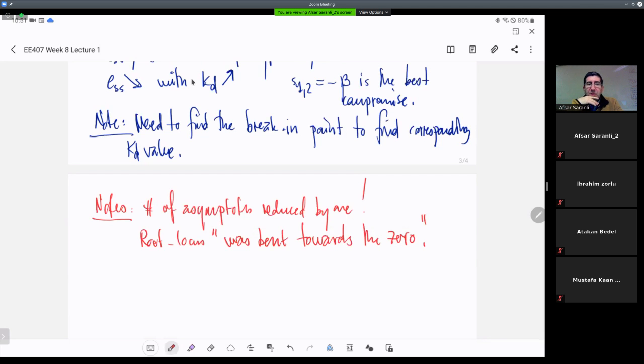Okay. Remember what's happening. If you have number of asymptotes increasing, often the result is not very good because larger number of asymptotes means some of the asymptotes necessarily have to protrude into the unstable region.